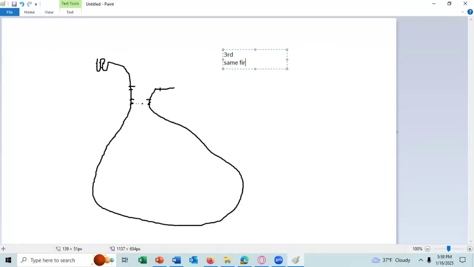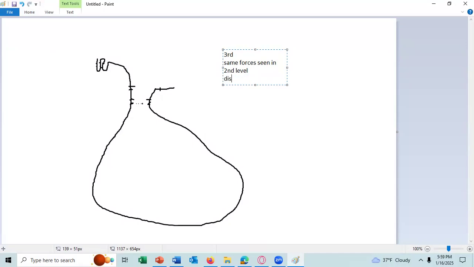Oops, didn't spell that right. There's one different force of attraction that we see in the tertiary level and you do not see in the secondary level.